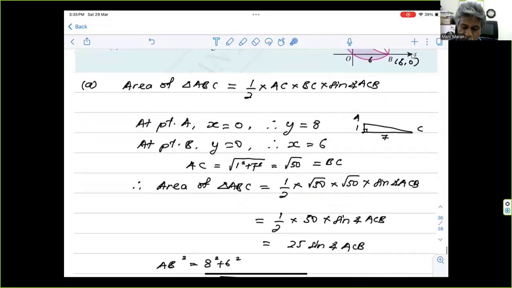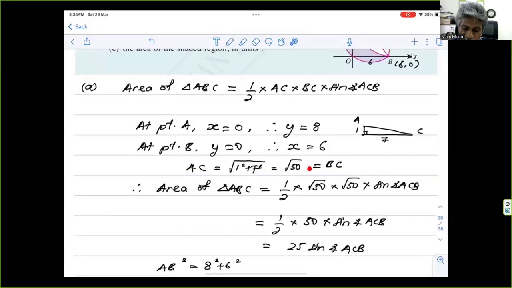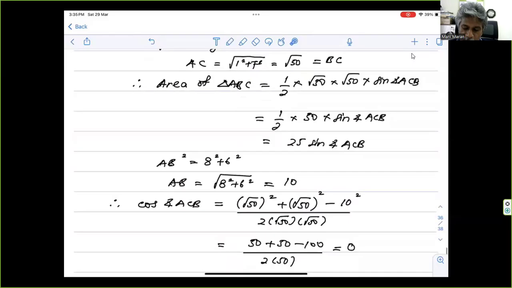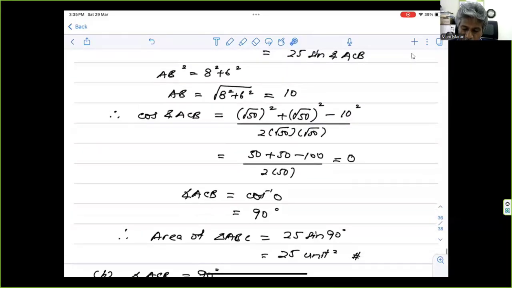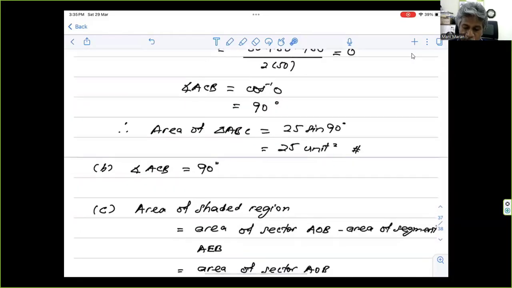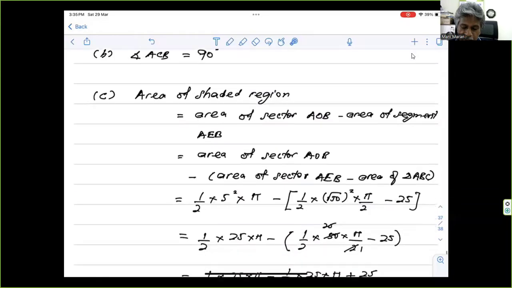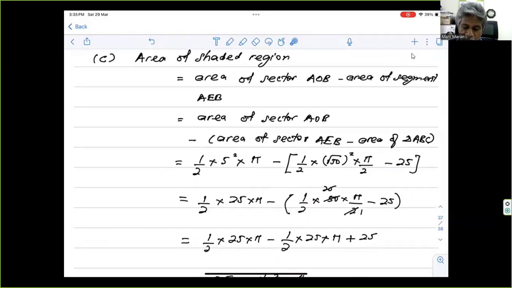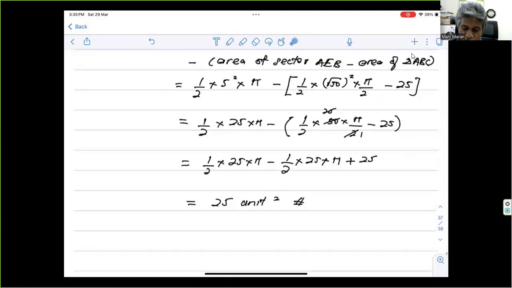So you'll get answer square root of 50. So from here we can get the area. After we find the angle, which is 90 degree, we can find the area of the triangle. And then the area of shaded region is given by area of sector AOB minus area of segment AEB. So when you work it out, you'll get 25 units square.